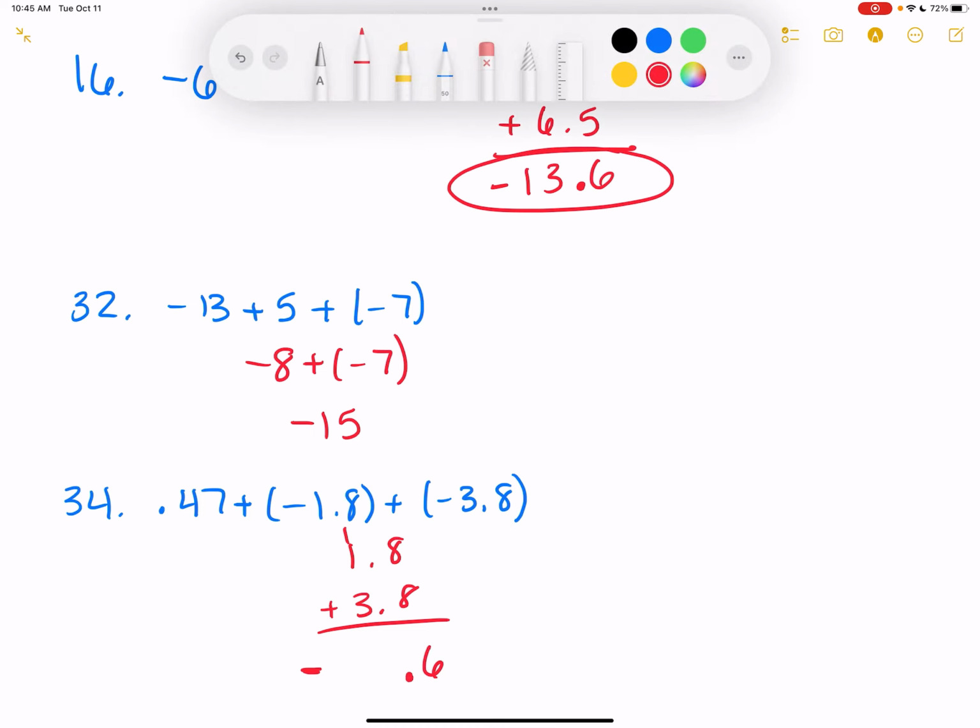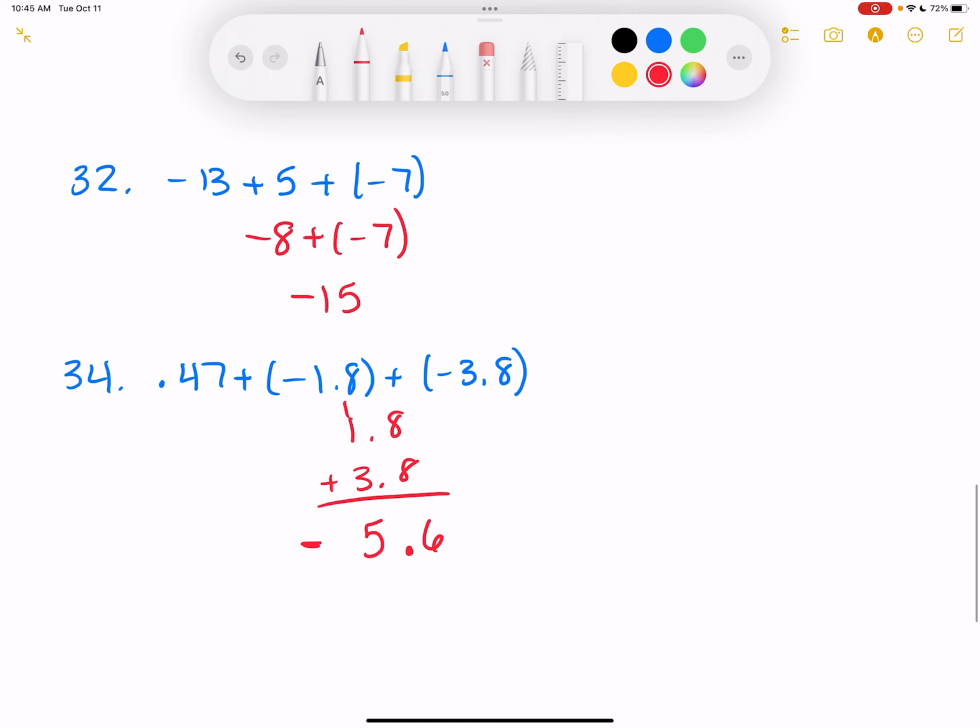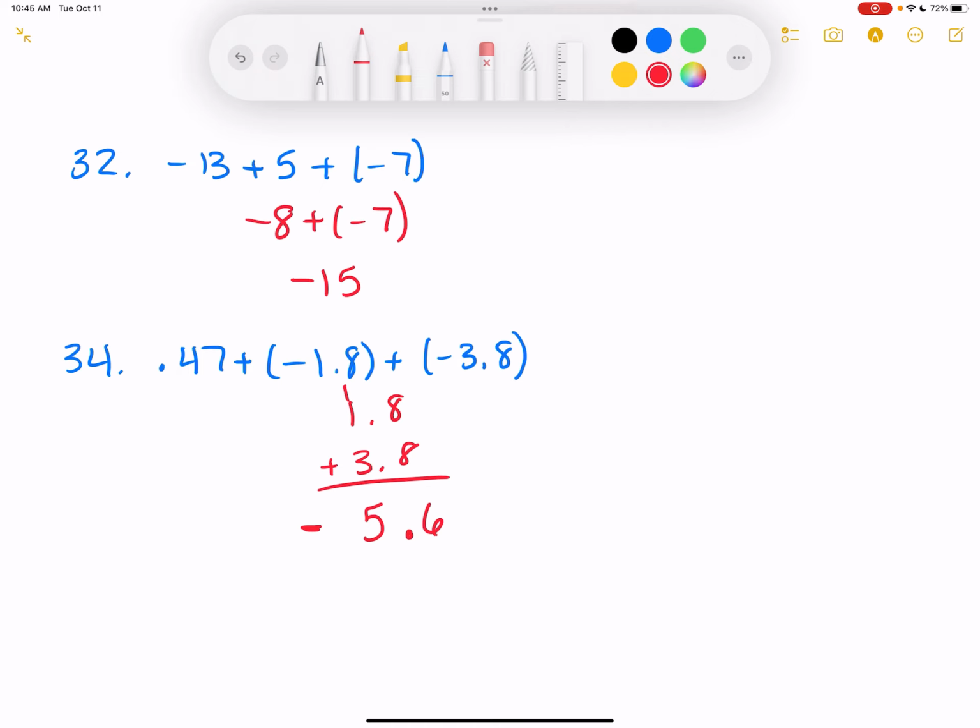Make sure we bring the decimal point down. So then I have 3 plus 1 plus 1, which is going to be 5. So this is negative 5.6, okay? So I'm going to then bring down this 0.47. So I have 0.47 plus negative 5.6.